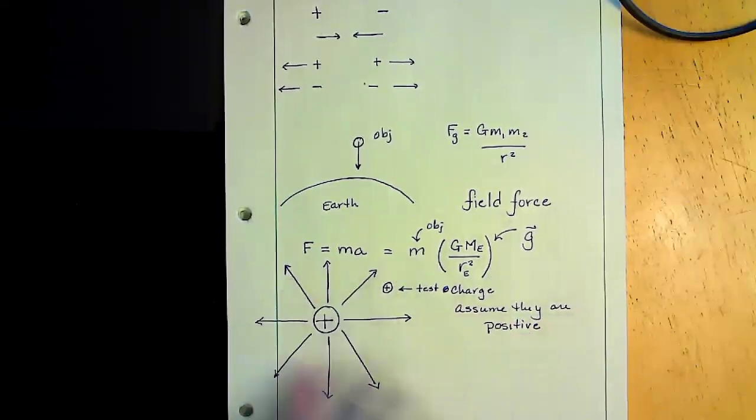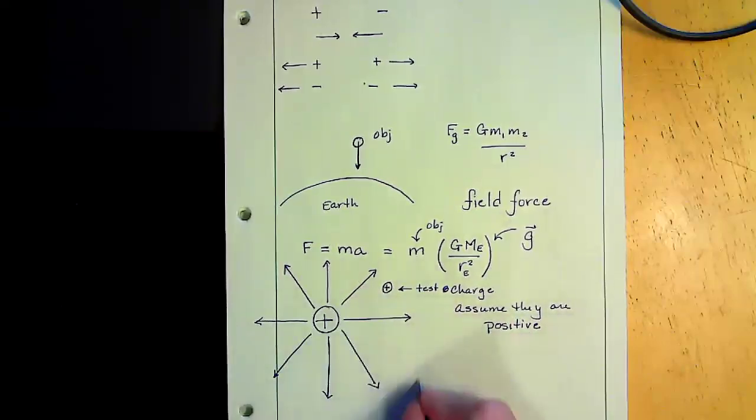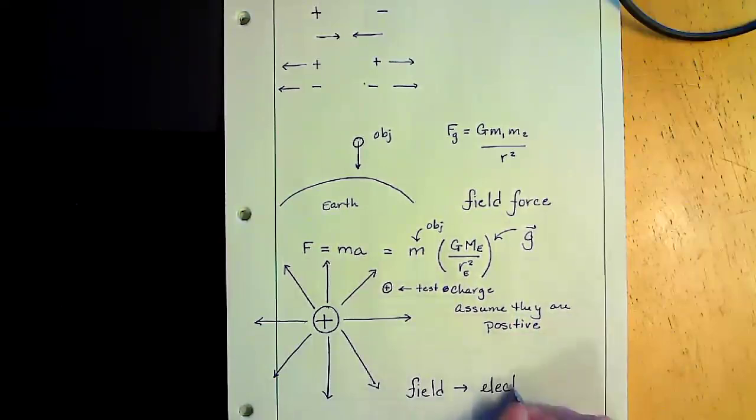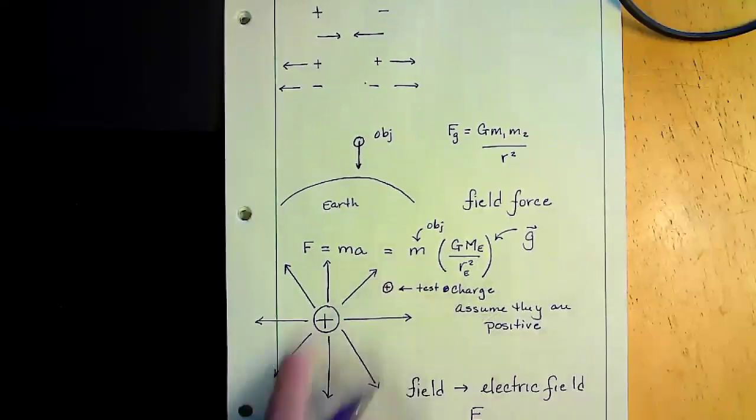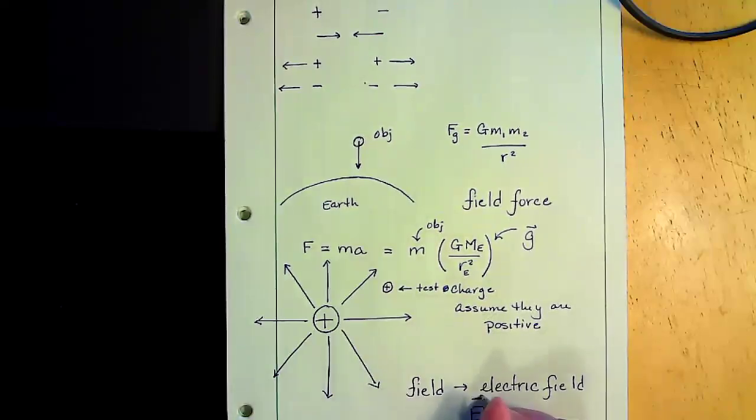So we're going to get this idea of a field, but we're going to define our field as an electric field. We're going to define this electric field with a big capital E. And it's going to have direction. It's going to be a vector because we know its directionality, just very much like my Earth system here.